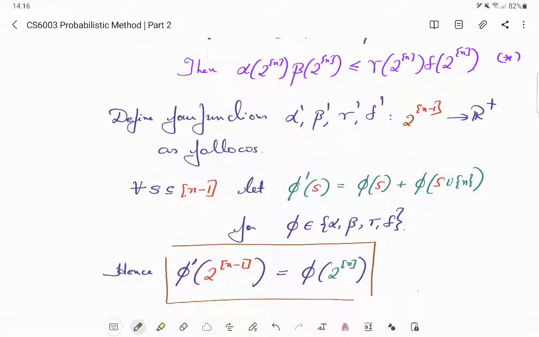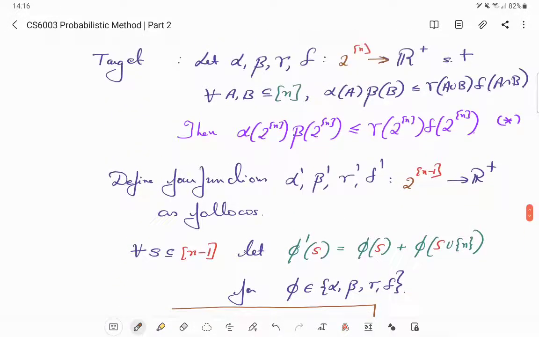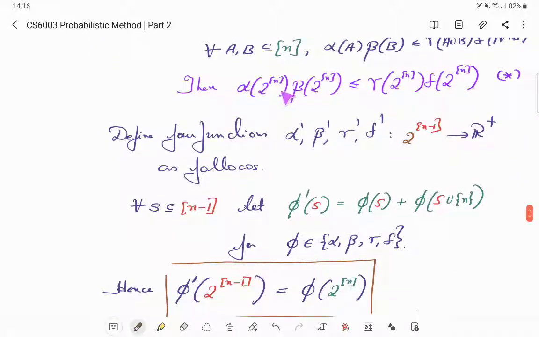Right, this tells you that what we have to prove is that alpha of this entire power set, beta, etc. satisfies this. But now, because of this thing in the box, I can replace this alpha of 2 power n by alpha prime of the power set of n minus 1, beta prime of the same, and so on.